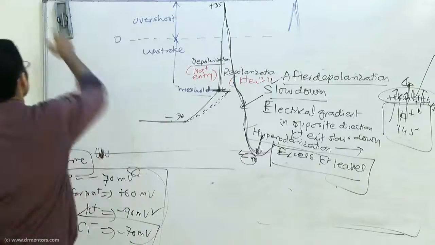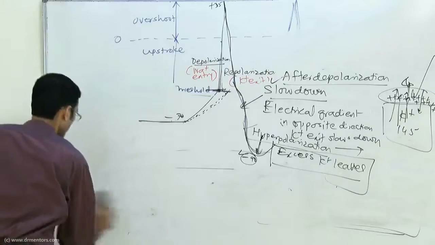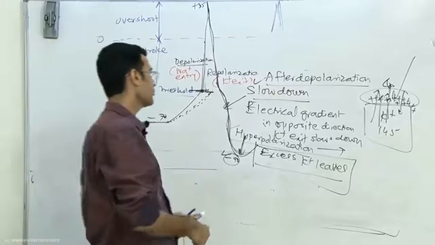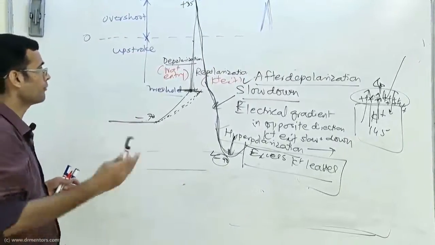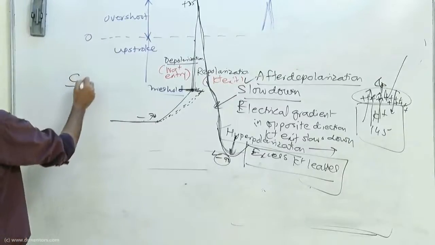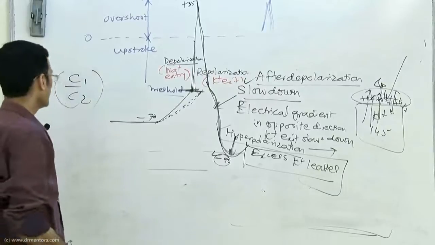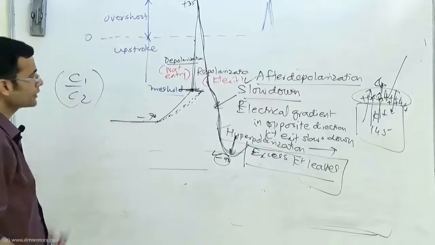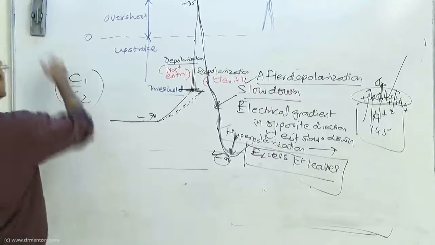So that was about the nerve, and potassium equilibrium potential in the case of a nerve is minus 90 millivolts. The values are different for nerve and for skeletal muscle because for equilibrium potential we take C1 upon C2, the Nernst potential is calculated by C1 upon C2, and these concentrations are different for nerve and for muscle for these ions.